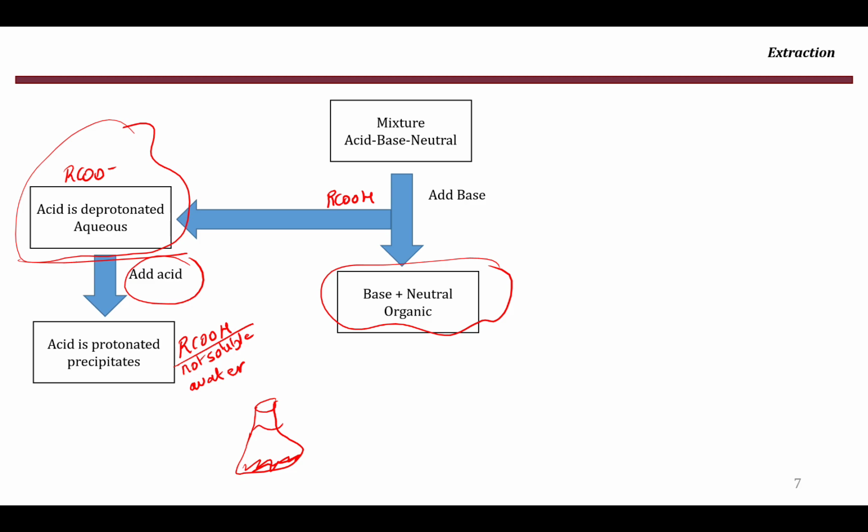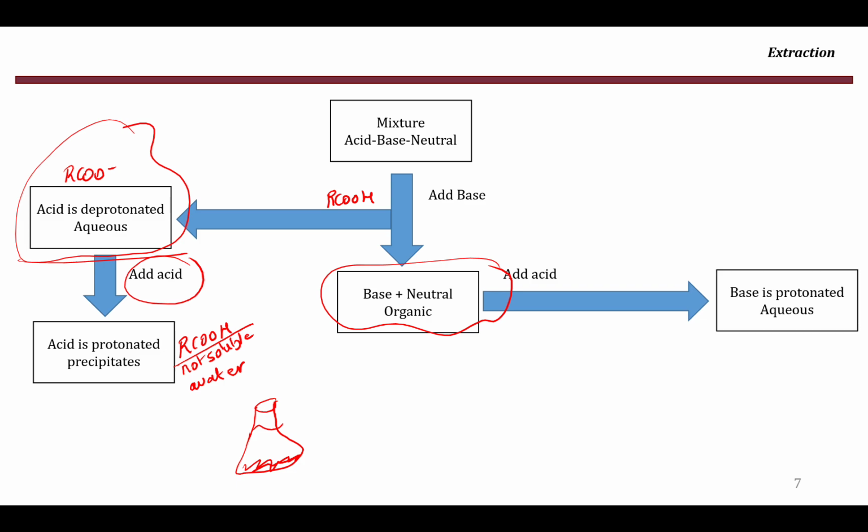Now, how can we separate the basic and the neutral compounds? When I add acid to the basic and the neutral compounds, the basic compound will get protonated. So again, if I have an amine, which is a basic compound, when I add an acid to it, so plus H plus, it will be RNH3 plus, which is a protonated amine. Protonated amines are polar.